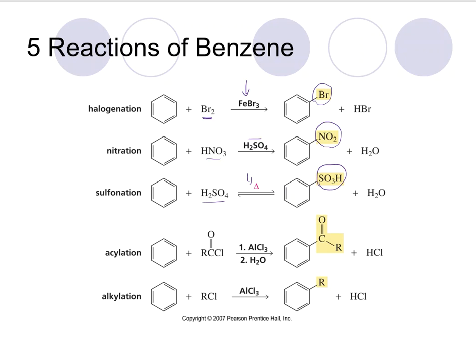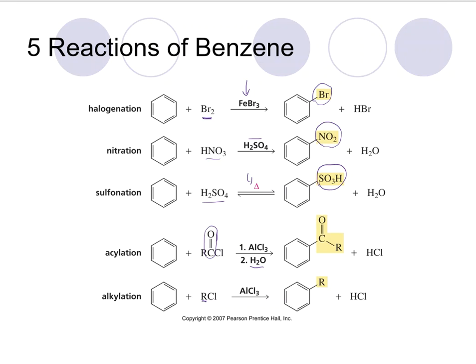Our acylation and alkylation were very similar. The difference is that the acyl group involved the C double bond O, and the alkyl did not. It was just a random carbon chain. Each one of these used aluminum chloride as the catalyst, but the acylation also required water to prevent some buildup of contamination and byproducts that we needed to take care of.